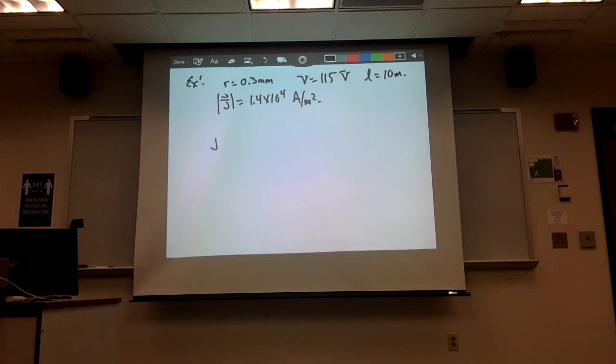From this, what we want to know is what's the resistivity? Well, from the microscopic version of Ohm's law, we know that the electric field is equal to the resistivity times the current density.